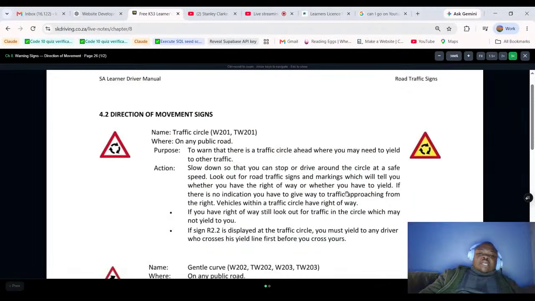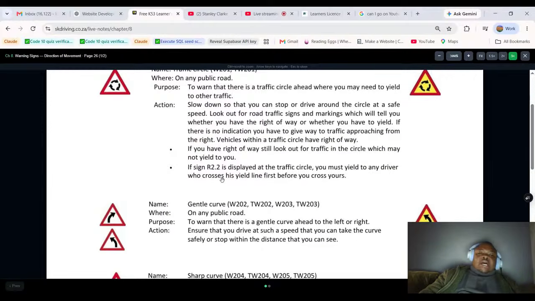I'm going to repeat that. If there is no sign telling you what to do, you have to give right of way to traffic that is approaching from the right. Vehicles within a traffic circle have the right of way. If you have the right of way, still look out for vehicles in the circle which may not yield to you.